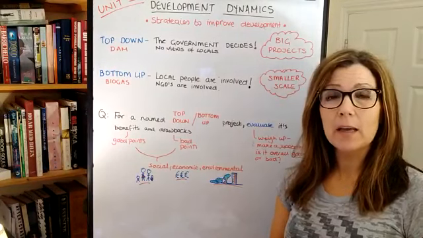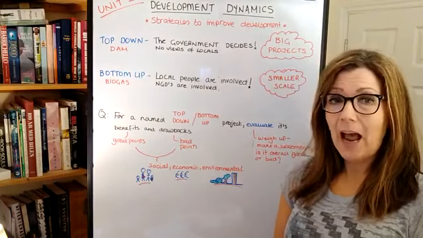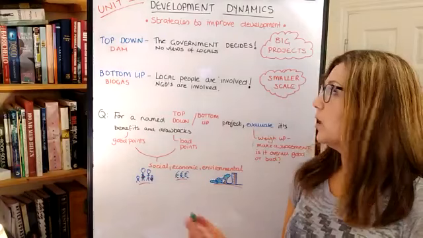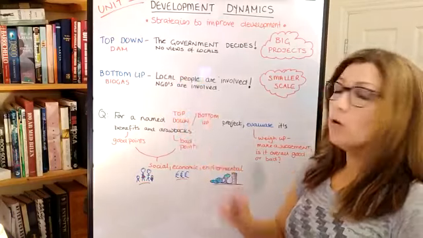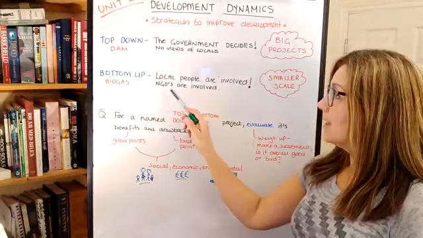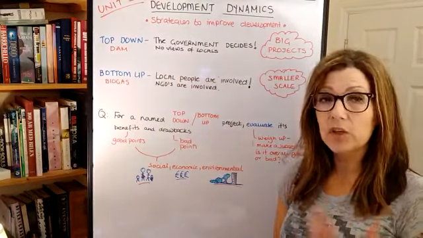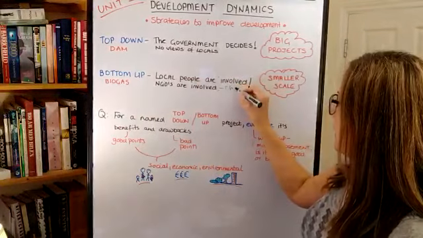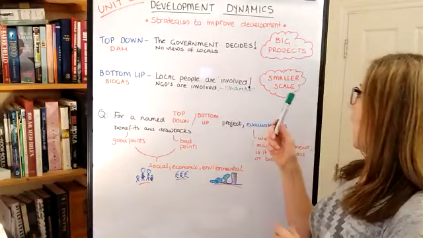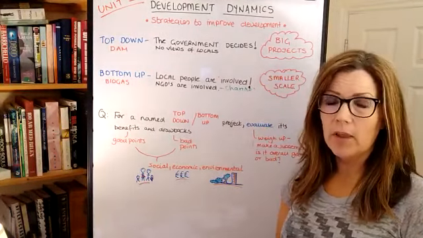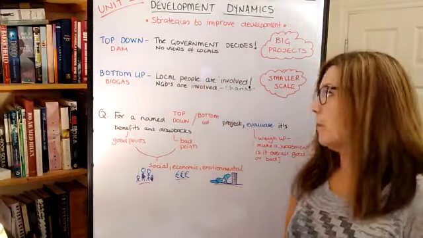And I know with my group that I've been teaching this to, we've looked at the use of cows in Africa, and that the dung from the cows can be used to generate biogas because it's put in a big tank, etc. So this bottom-up strategy is used by local people, and local people are involved, and non-government organisations are generally involved, not the government but non-government organisations, which, if you remember, are charities. So often there's charities involved here, and these are much smaller scale. So you might argue that they've got a lot less of an impact, but they do involve local people. Local people are involved in decision making.